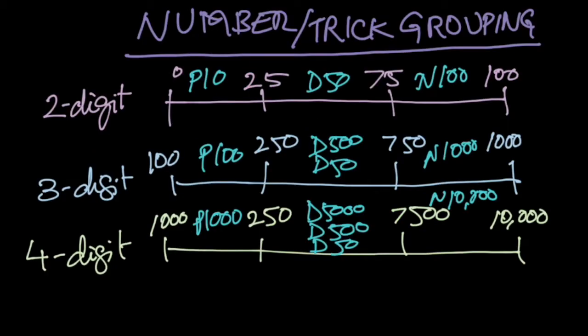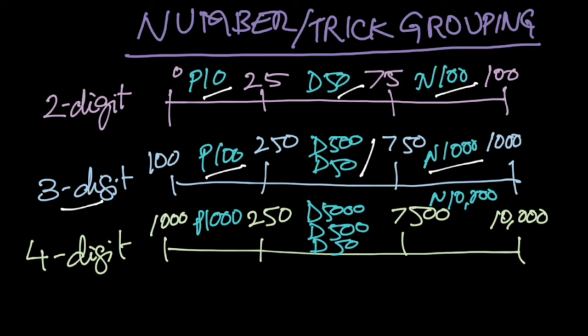So let's start. Let's talk about number grouping. For 2-digit numbers, we use technique P10 between 0 and 25. We use technique D50 between 25 and 75 and technique N100 between 75 and 100. For 3-digit numbers, we use technique P100 between 100 and 250, D500 and D50 between 250 and 750, and N1000 between 750 and 1000.